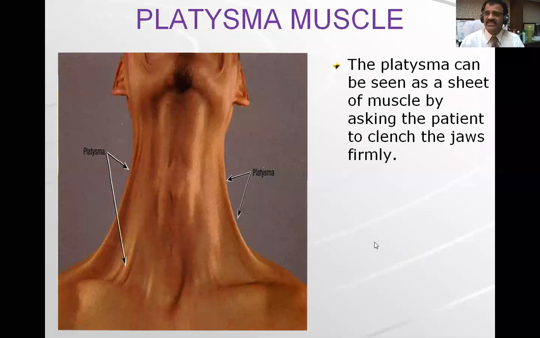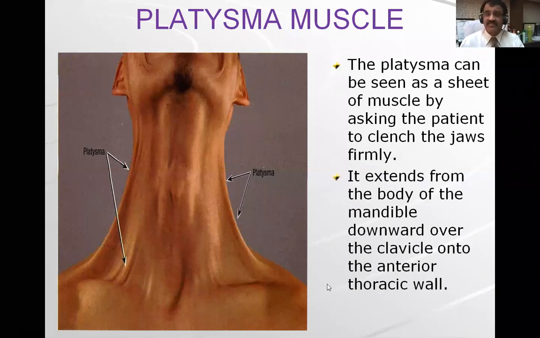Platysma can also be seen by asking the person to clench the jaws. What I am doing is clenching like this. If you clench firmly, platysma is seen. It extends from the body of the mandible downwards over the clavicle into the anterior wall of the thorax.